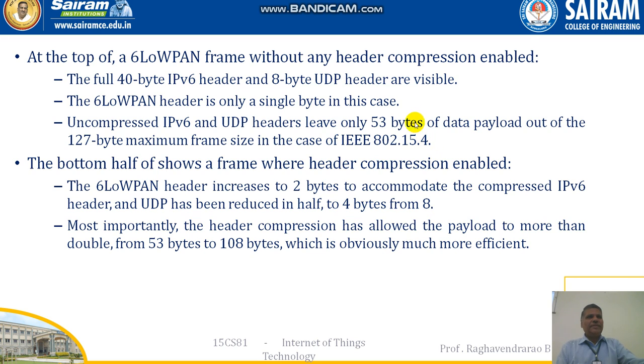So only 53 bytes are used for payload here. When the header is compressed, the payload more than doubles, from 53 bytes to 108 bytes, which is obviously much more efficient. That's why you should go for a compressed mode of communication.